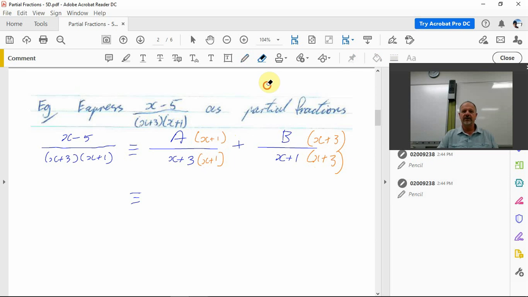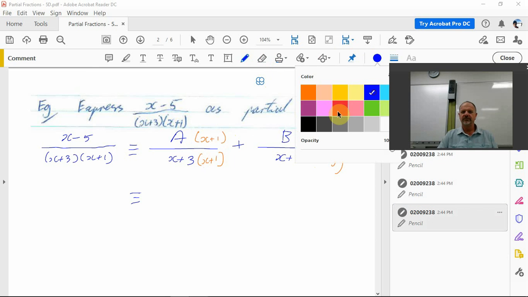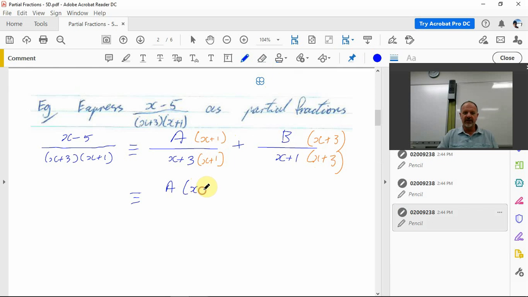Then what I have is a times x plus 1 plus b times x plus 3 over the denominator x plus 3 times x plus 1.